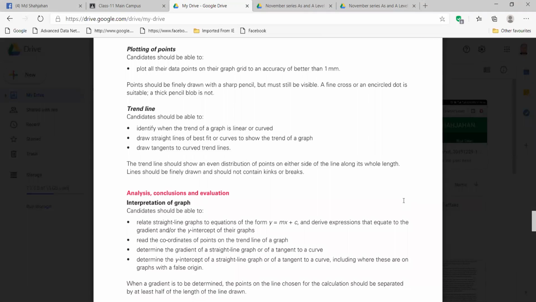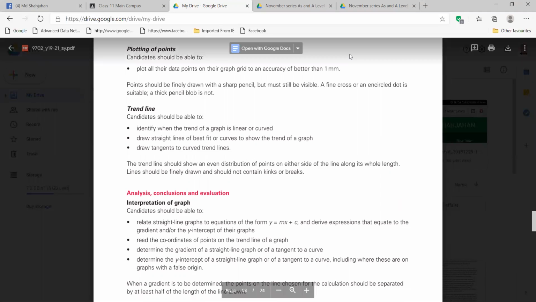Trend line. Candidates should be able to identify when the trend of a graph is linear or curved. Here we may get a straight line graph or we can get a curved line graph. Clear? Yes, sir. It depends on the graph plotting.